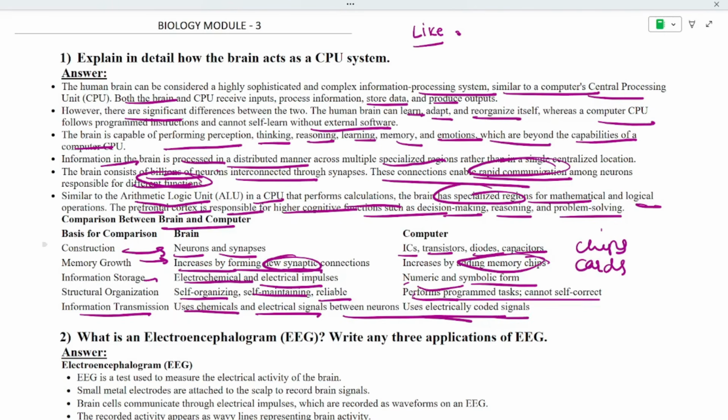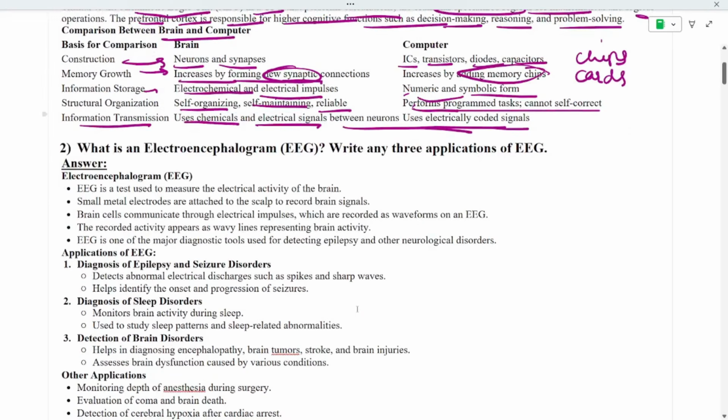The next question they have given is about the EEG, that is electroencephalogram, and to write any three applications of it. Electroencephalogram is a test used to measure the electrical activity of the brain. It is also used to detect epilepsy and other neurological disorders.